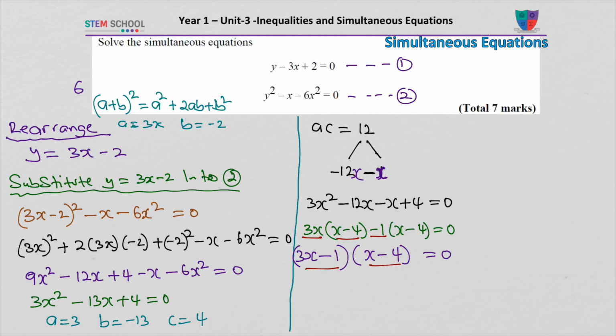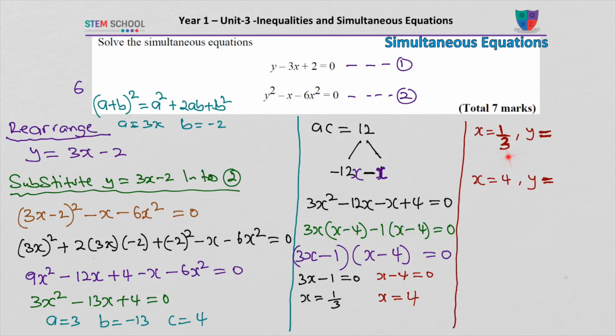To set the first factor to 0, 3x minus 1 equal to 0, x equals 1 over 3. I need to set the second factor to 0, x minus 4 equal to 0, therefore x equals 4.